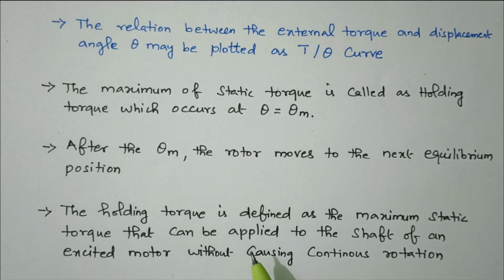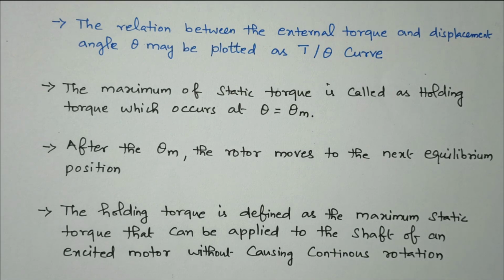There is no rotation. After this holding torque, maybe it will start to rotate, right? So it is the maximum value of the torque at which it is not rotating.